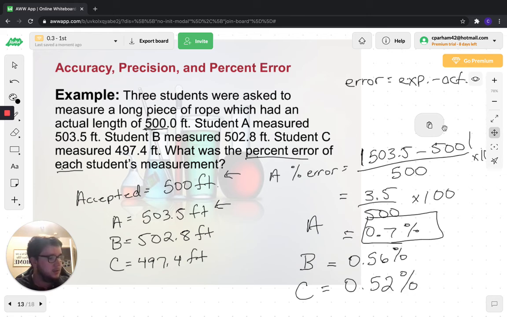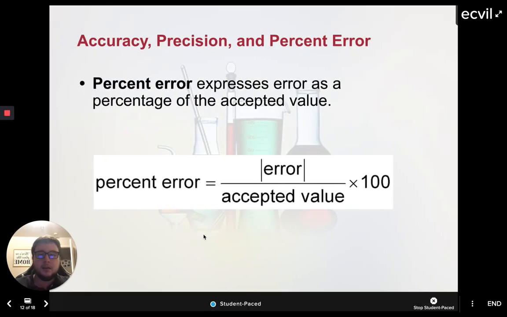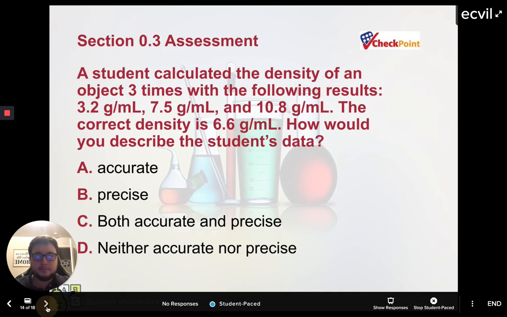Okay, so do the calculations on your paper and see if you get these same answers. And if you do, then you're probably in pretty good shape with percent error calculations. And if you don't, then go back a little bit in the video and review the example and the formula. Make sure you know how to use it, okay? Alright, but I'm going to go ahead and move on.